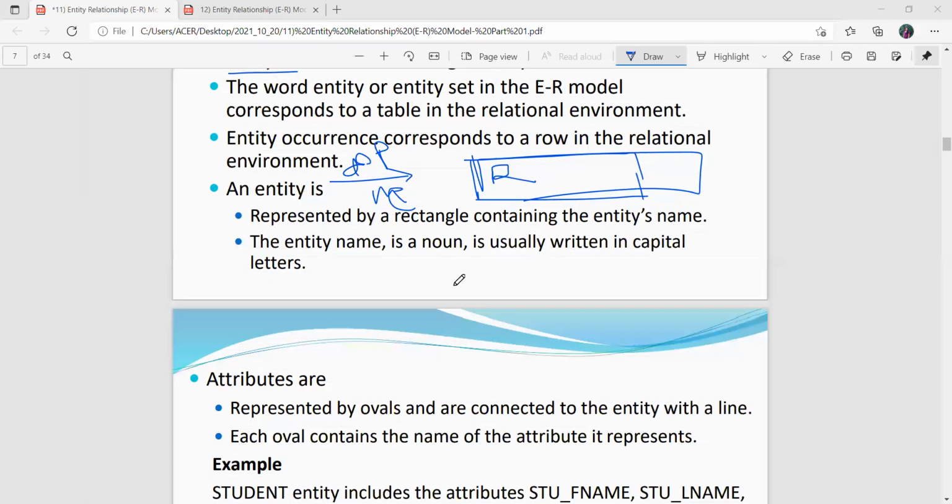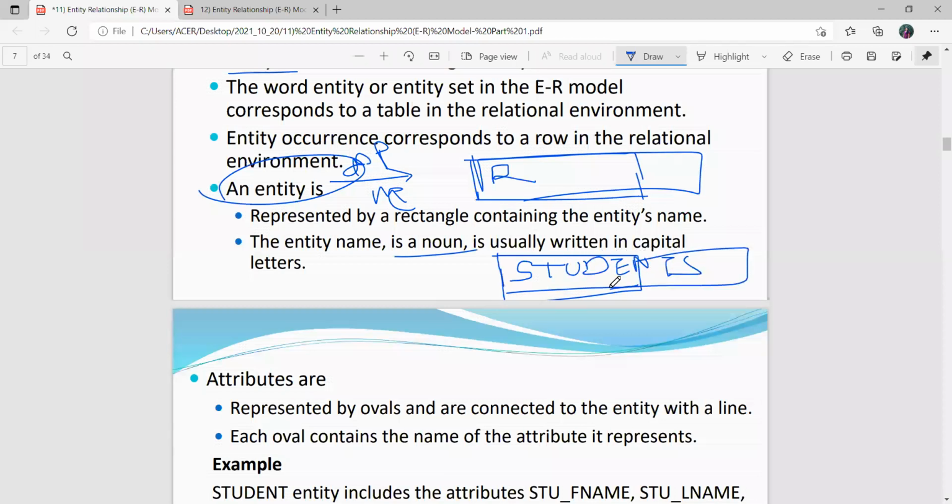When we consider the ER model, we can represent an entity by using a rectangle, and it should be a noun with capital letters. So, students. Is this correct? This is the entity students.